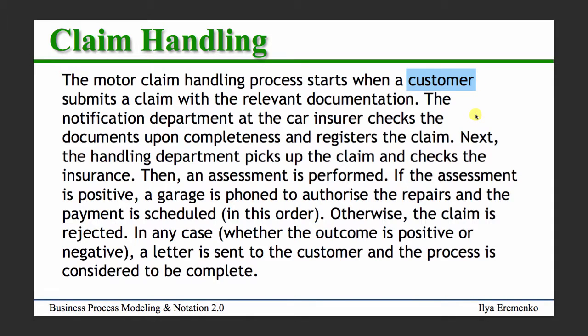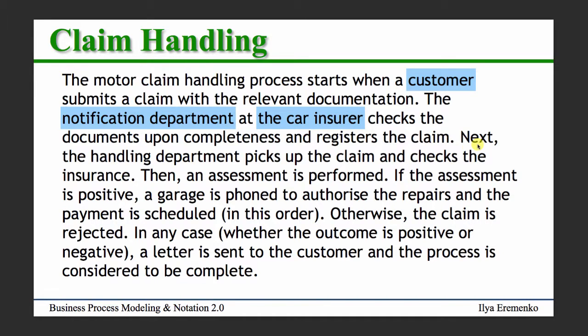Let's quickly highlight it. Now in the second sentence we can see two actors, the notification department and the car insurer. But we do understand that notification department is a part of the car insurer. So the car insurer is gonna be a pool and notification department is going to be a lane inside that pool.